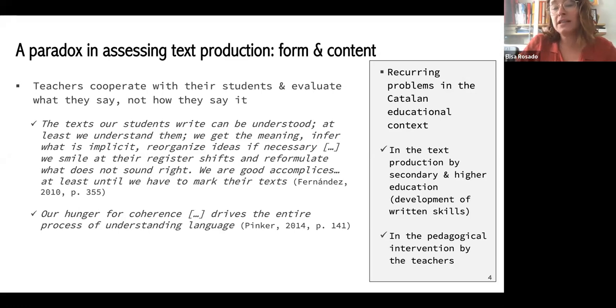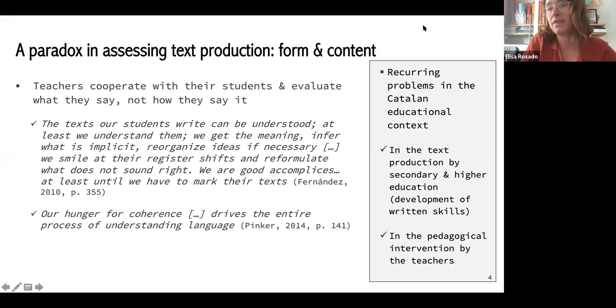And the paradox, based on what Pinker says about our hunger of coherence, our hunger of understanding, is related to how good we are in interpreting what's not there, in cooperating with our students to make sense of their texts, but we're not so merciful, we're not so understanding when it comes to grading the text, when it comes to marking those texts, right?